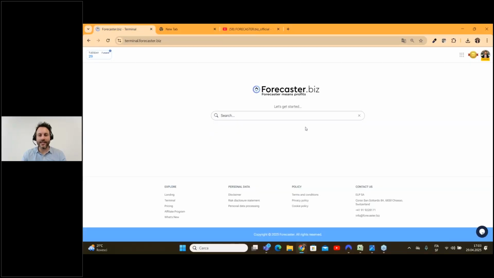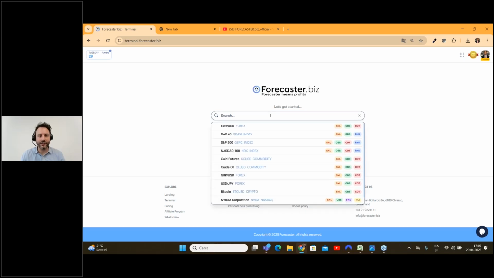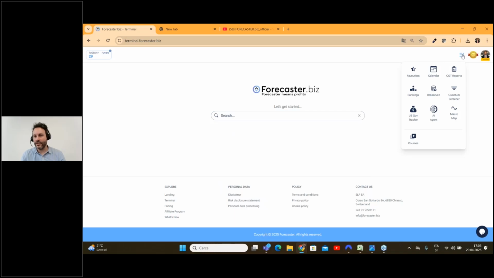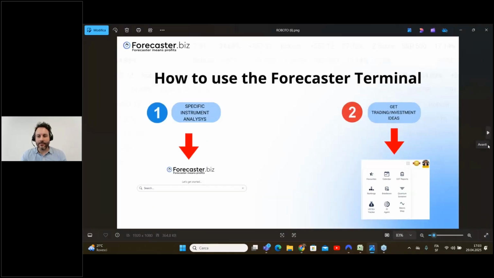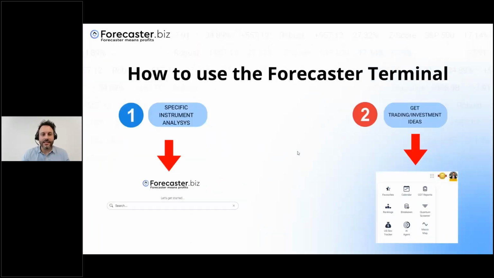If you go to the Forecaster, you can find exactly the same page, because you can find the search bar, and up on the right of the page, you can find all the tools.